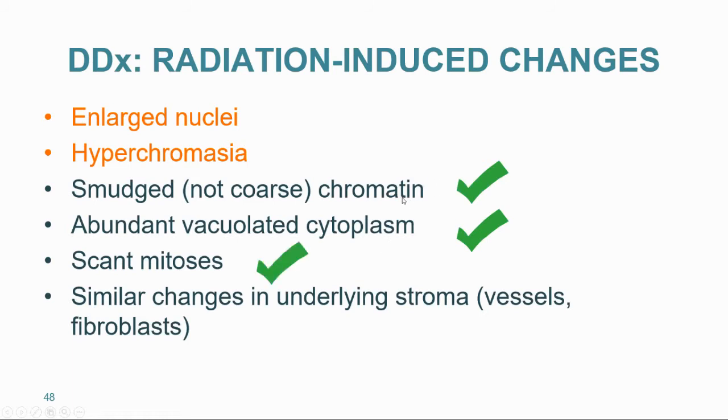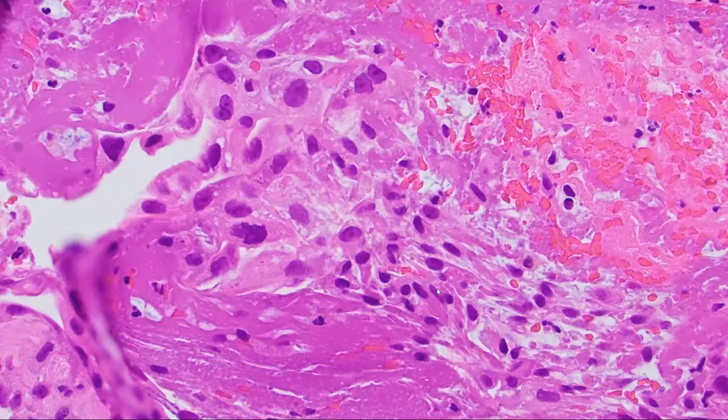We see scant mitosis, and look for similar changes in the underlying stroma, vessels and fibroblasts. Sometimes biopsies from these patients are not ideal. They're very fragmented or crushed because their anatomy, in the context of radiation, can be quite distorted.